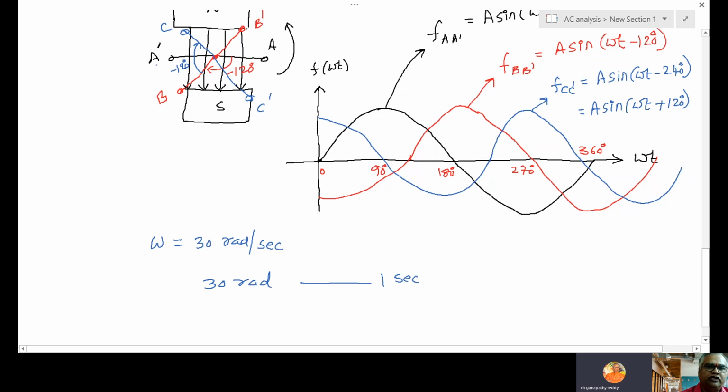But to complete one round, it is 2 pi radians. So to complete 2 pi radians, how much time it will take? So that is nothing but 2 pi by 30 into 1 is equal to pi by 15.